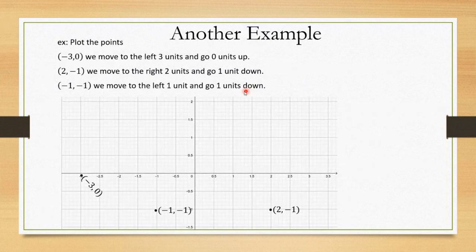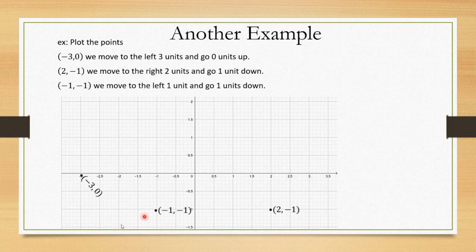Okay. So here's some more examples. Let's plot these points now, okay? Let's plot these. Okay, so from here, from -3, 0, what do we do? Well, here we have to go 3 units to the left. We locate -3 on the x-axis, right?